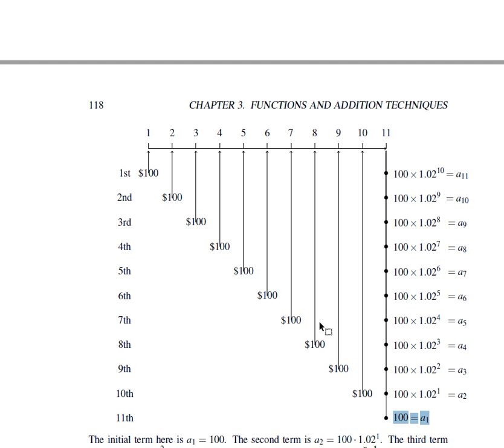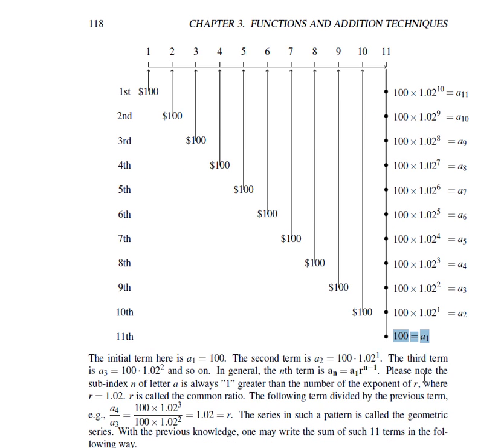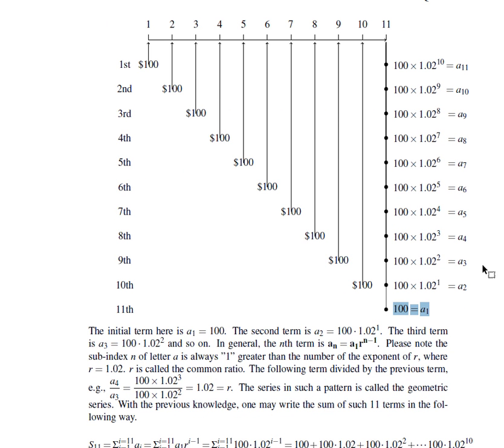All right. This kind of sequence is called a geometric sequence. Take the following term, say A4. Use the example A4 over A3. A4 over A3 is 100 times 1.02 cubed divided by 100 times 1.02 squared.